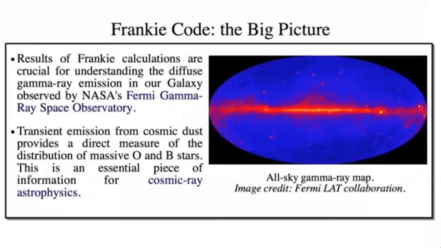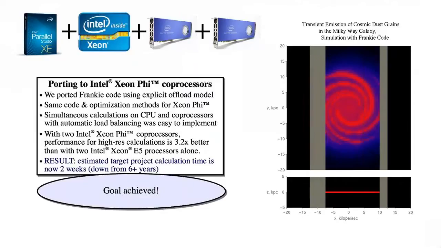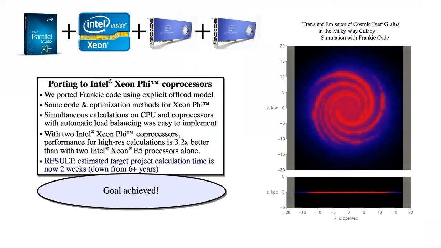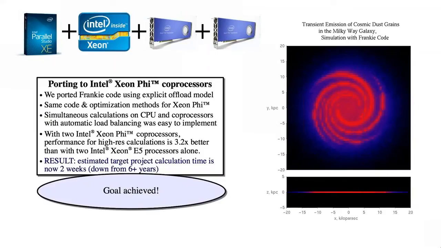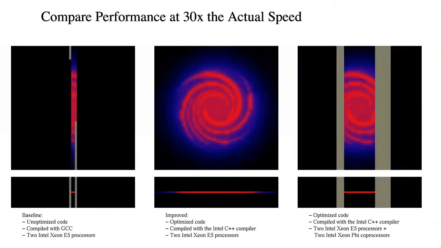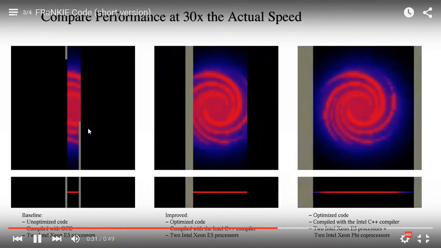This is an astrophysical calculation that was used to compute the emissivity of cosmic dust in the Milky Way galaxy, which allowed us to constrain the parameters of the three-dimensional model of the galaxy using two-dimensional sky surveys. And this is before optimization.